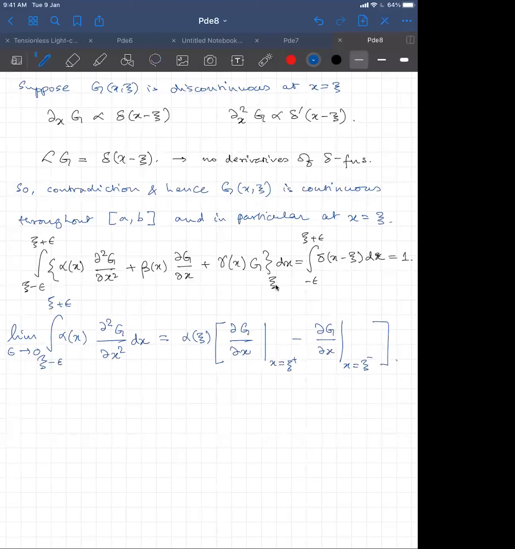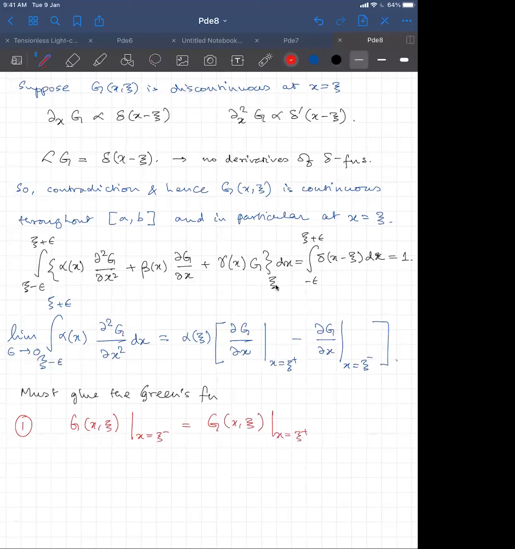So to summarize, we must glue the Green's function according to the following. Number 1: g of x, psi at x equal to psi minus is equal to g of x, psi at x equal to psi plus.